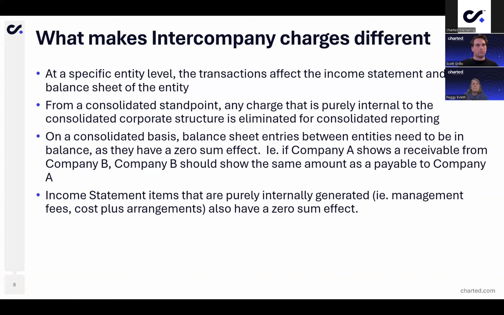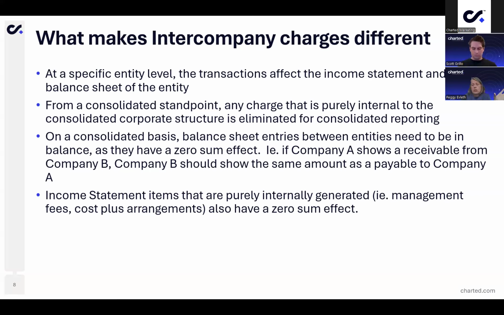On a consolidated basis, balance sheet entries as well as income statement where everything's in the same currency are a zero-sum game. In other words, if I have an asset on company A, I have a liability that should be equal and offsetting on company B. At month end, that's one of the exercises that you should be doing, making sure that that really and truly is the case.